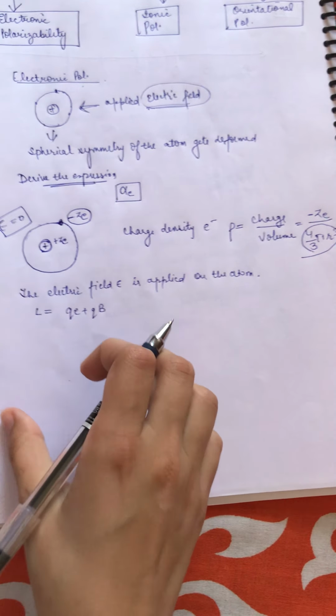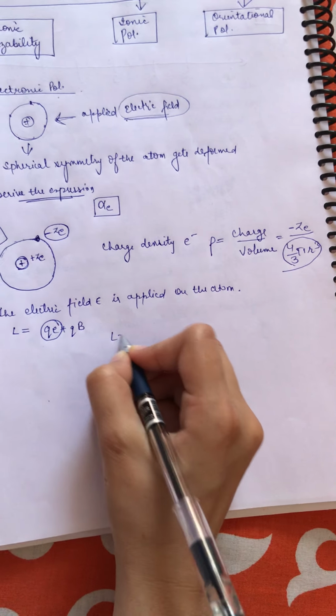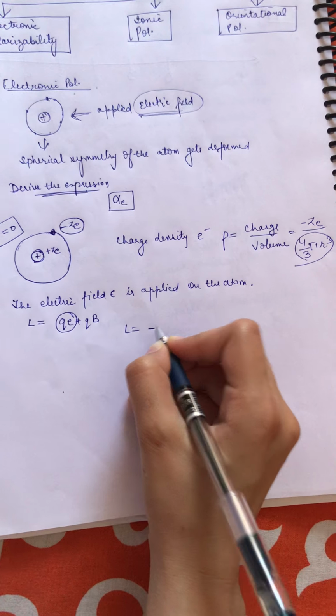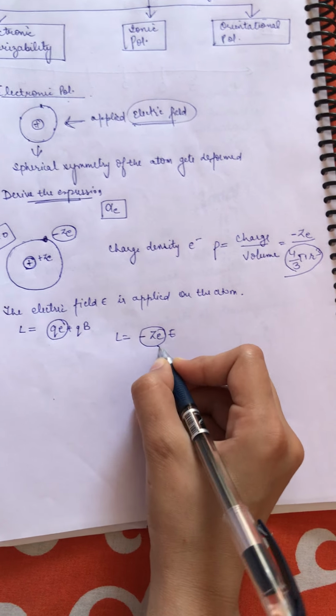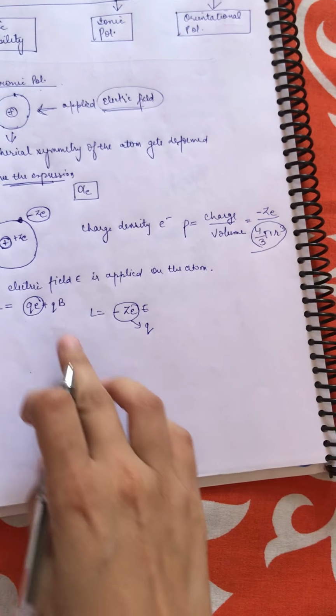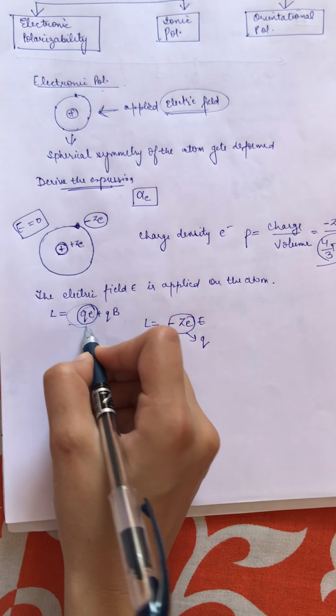Here we only have the electric field, so the Lorentz force will be equal to minus Ze into E. Ze is the charge. Here we don't have the magnetic field, so we will only have the term QE.